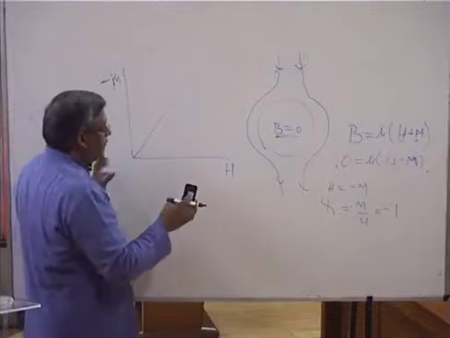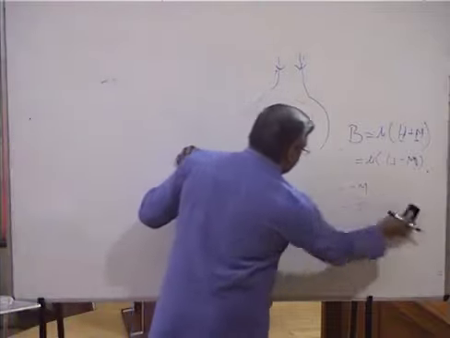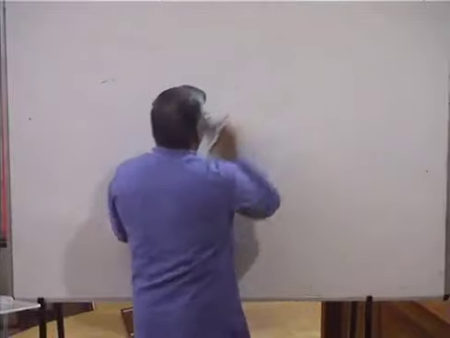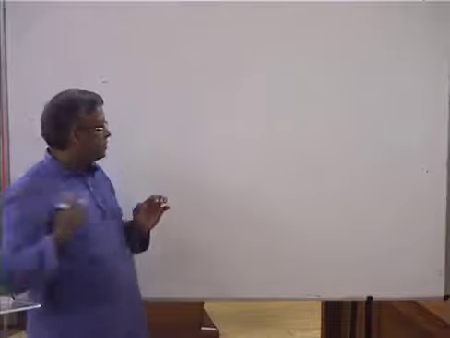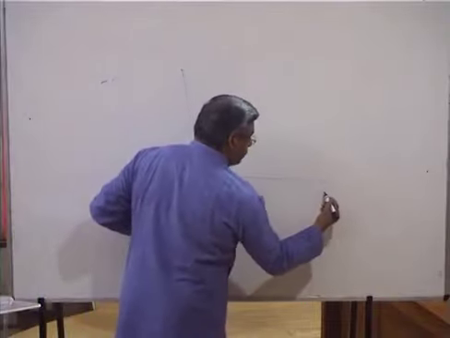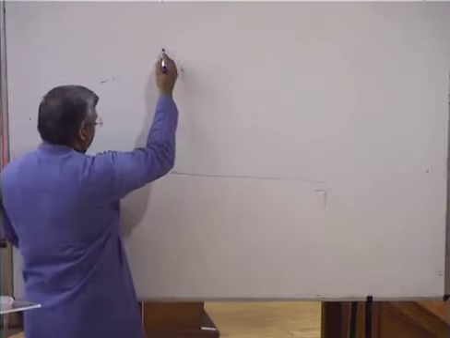Now you have a comprehensive idea about two parameters which influence the onset of the superconducting state. On one hand, you have temperature, and on the other hand, you have a magnetic field.